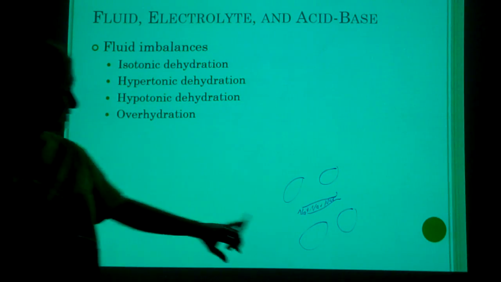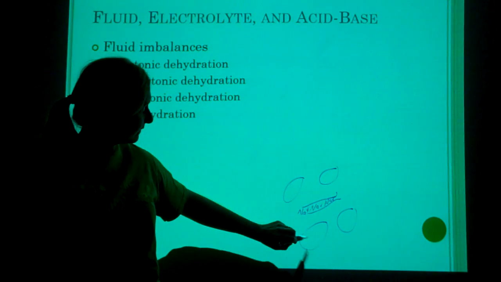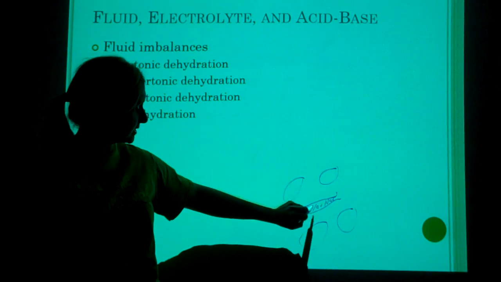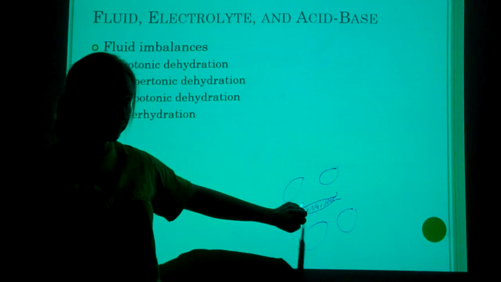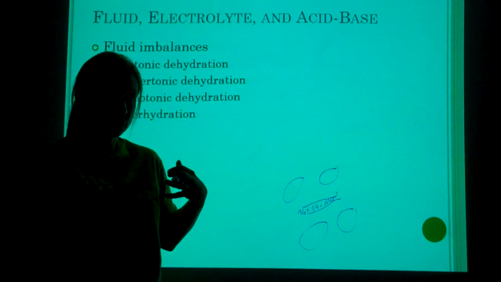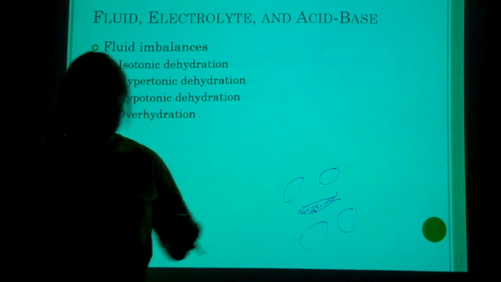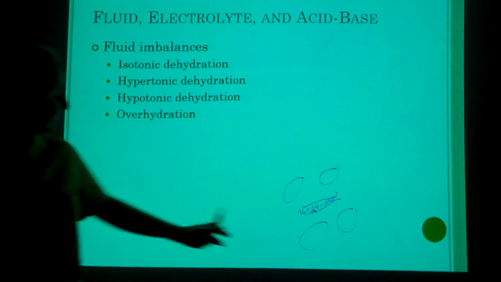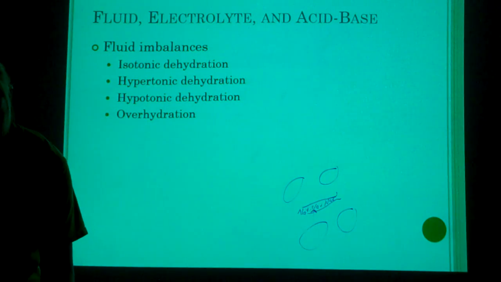It causes the water to shift from in the cell to the bloodstream, and that's because this is an area of higher sodium content. So think of a lot of salt and salt drawing water. So the water is going to shift there, out of the cell. And when that happens, it causes the cell to shrink.